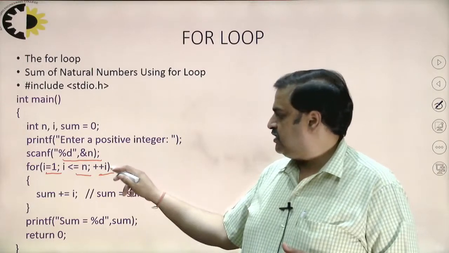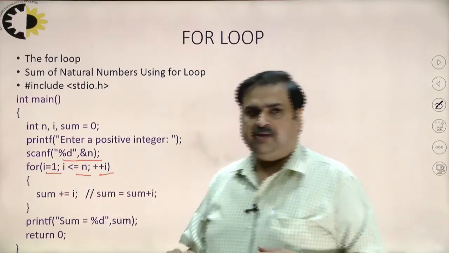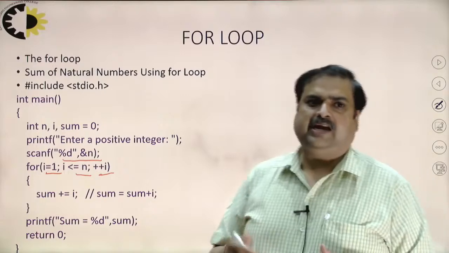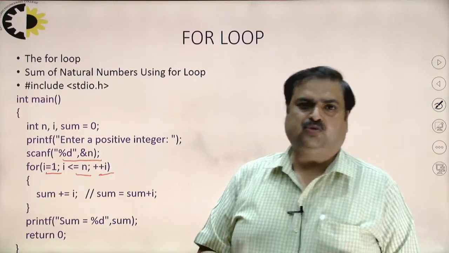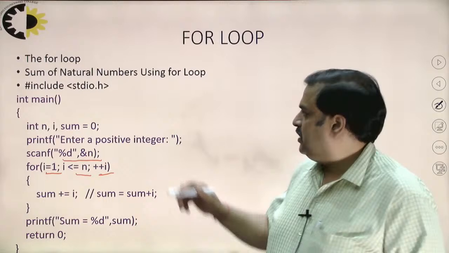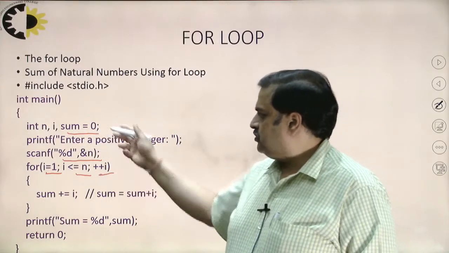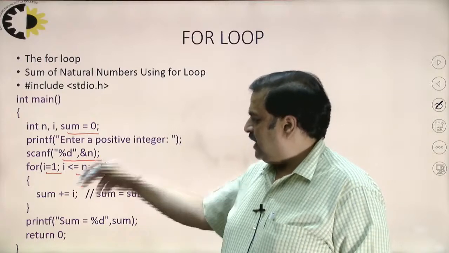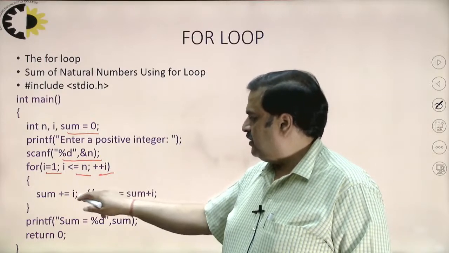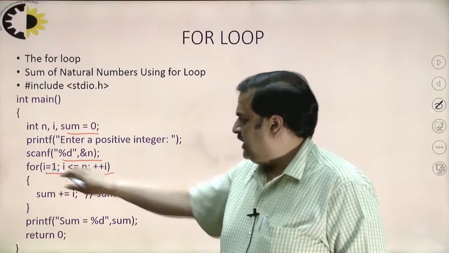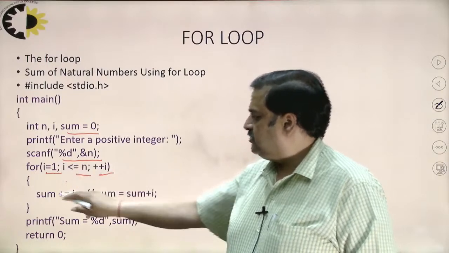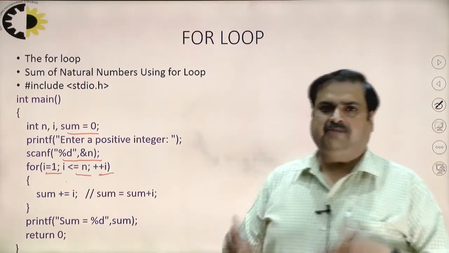We are incrementing this I, and we are adding that number into a variable sum. We have taken a variable sum which is 0. So this index I is being added to this sum every time.